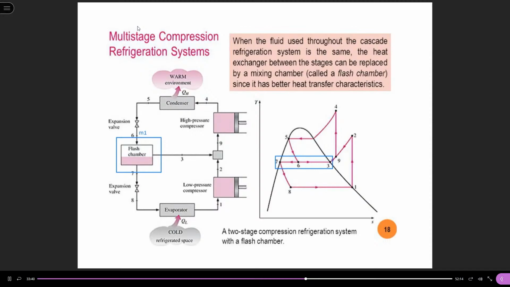Okay, for the high pressure cycle, it all has to be mass flow rate 1. Then here if we use mass flow rate 2, then due to mass conservation, here it has to be mass flow rate 2, and here, then what's the mass flow rate here?